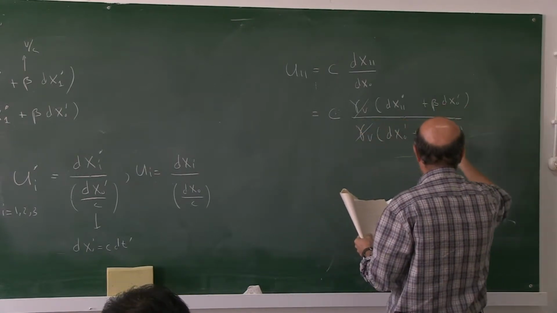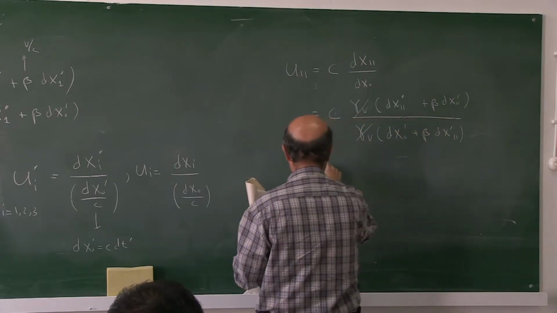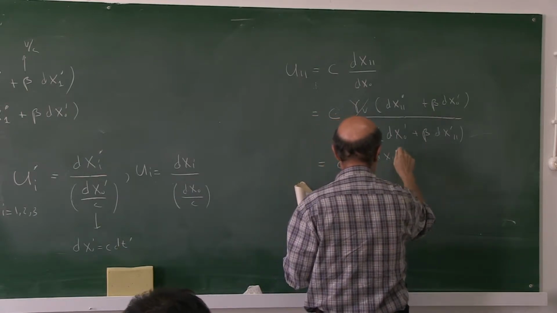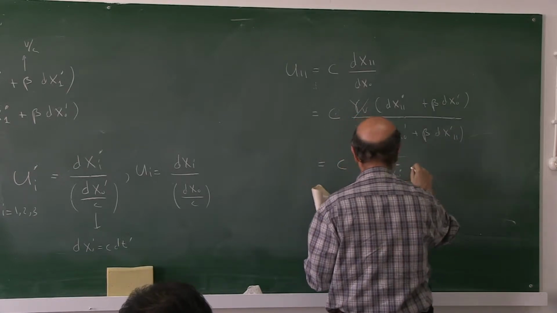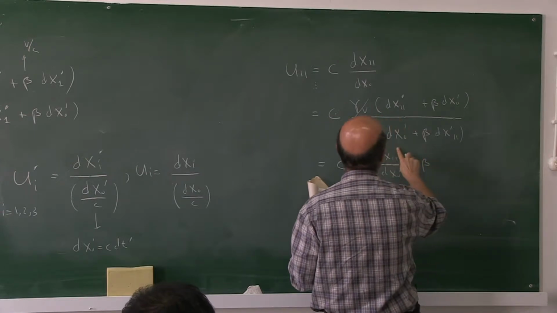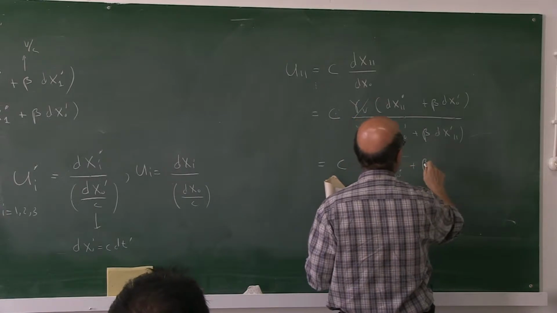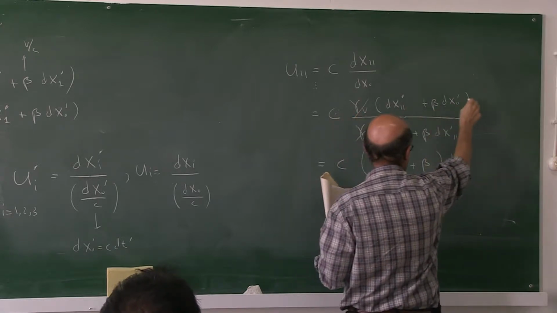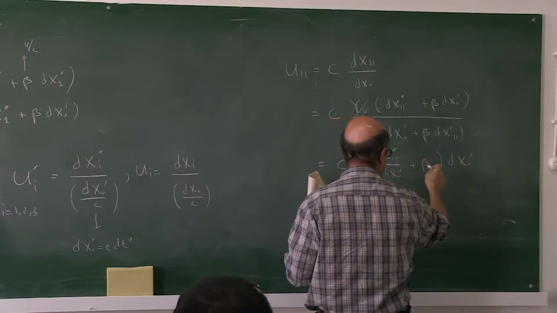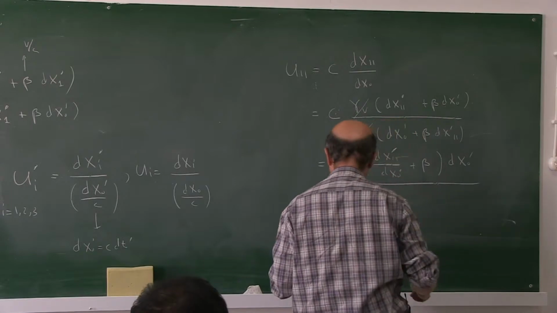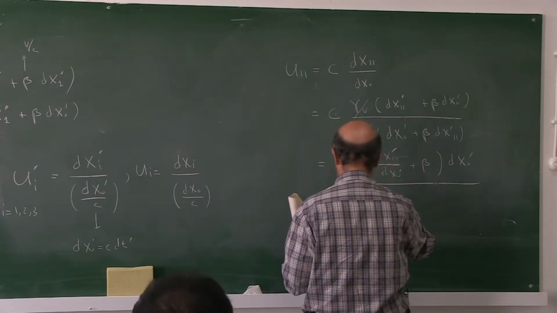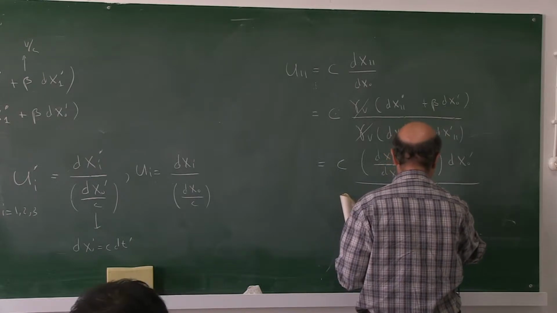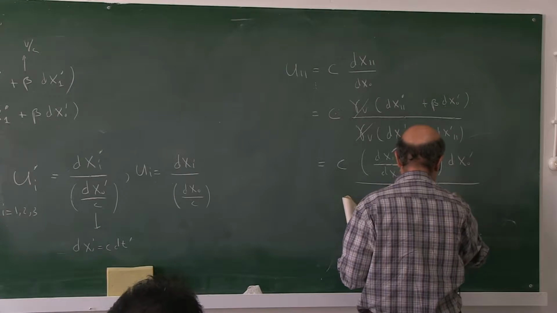So take dx0 prime in parentheses. If you take dx0 prime out, you obtain dx0 prime times dx parallel prime over dx0 prime plus beta, divided by, doing the same thing here, dx0 prime times 1 plus beta dx parallel prime over dx0 prime.